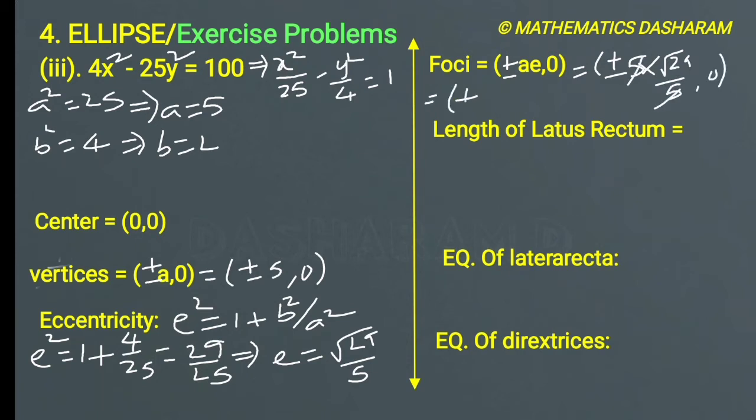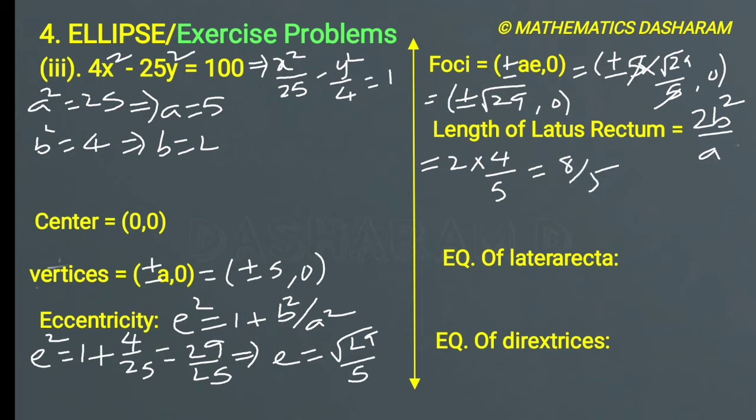It equals plus or minus root 29 comma 0. Next length of latus rectum, that is 2b square divided by a. So it equals 2 into b square, that is 4, and a value 5. So 4 2s are 8 divided by 5.